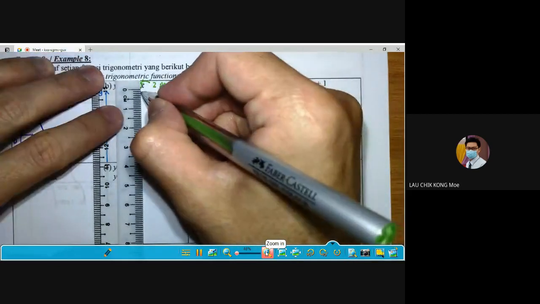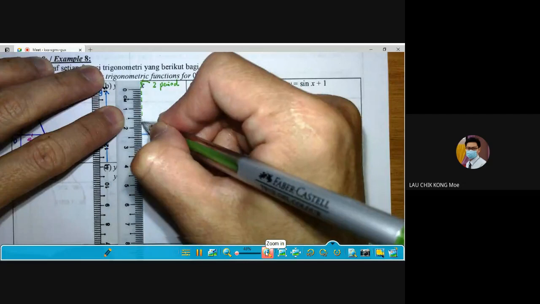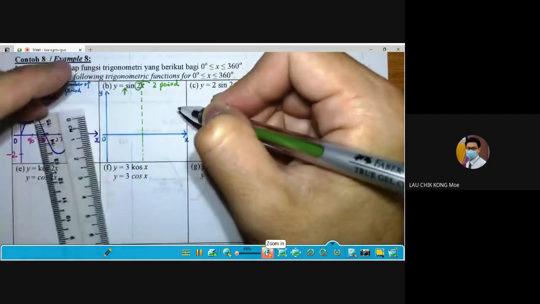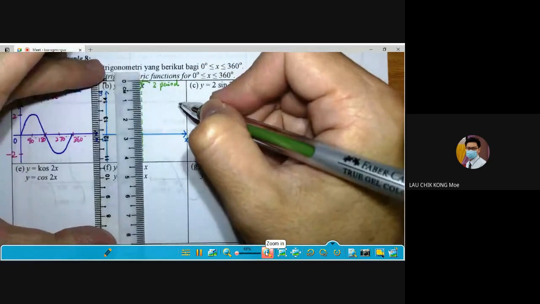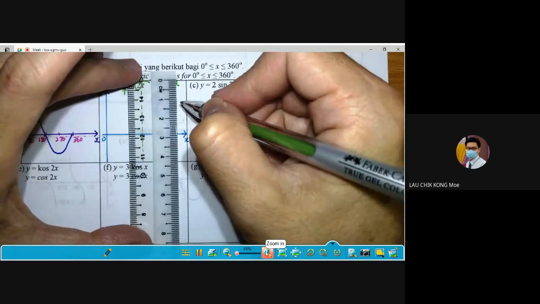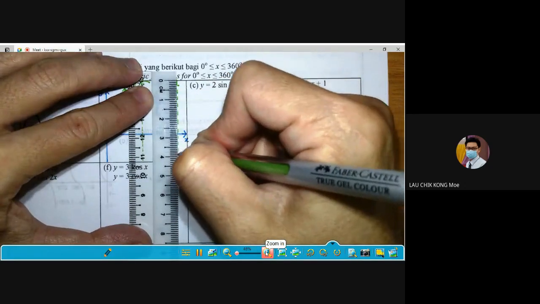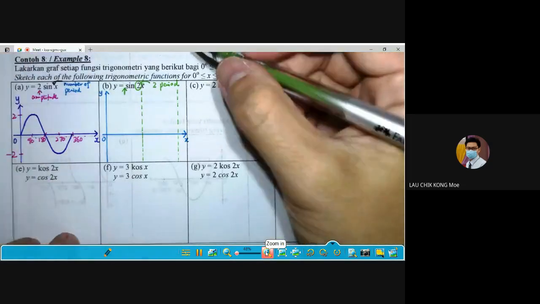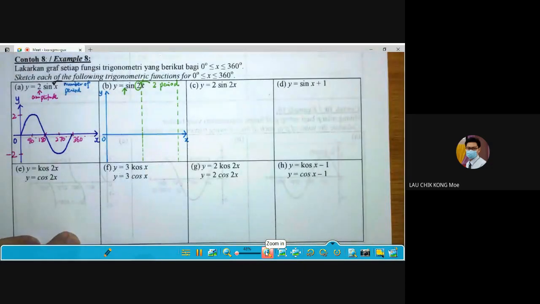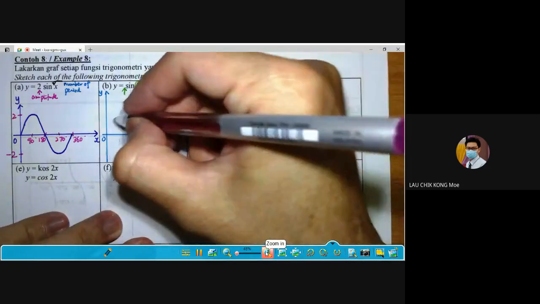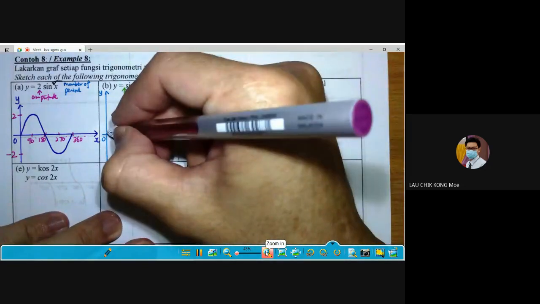Let's say that this is 1, and this is 2. 2 columns, 2 periods. Now I try to start. So amplitude is 1.